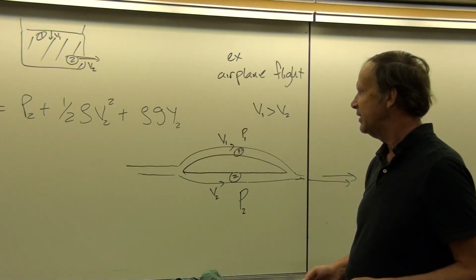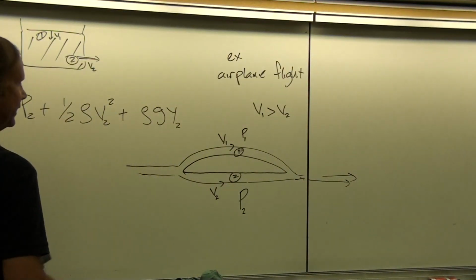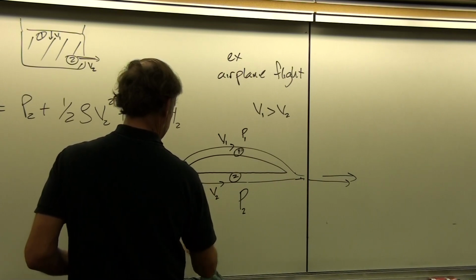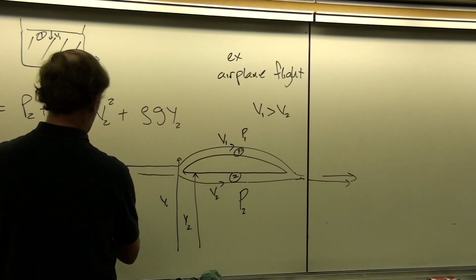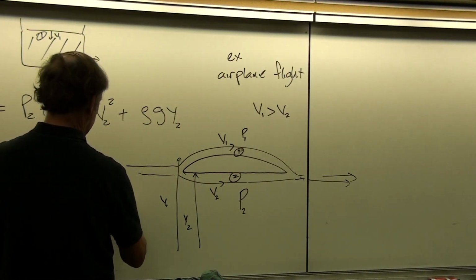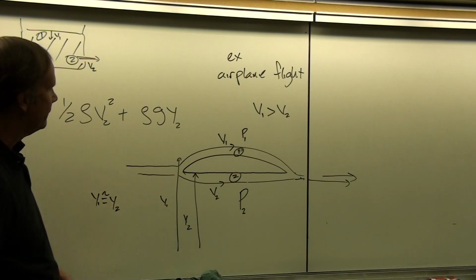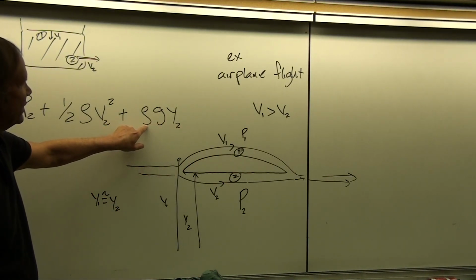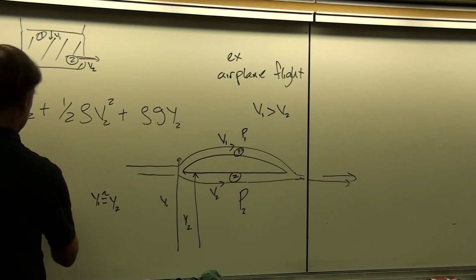Okay? And so then we also have a rho gy term on both sides. But here if we call this Y2 from some convenient reference position and this Y1, we can say that Y1 is approximately equal to Y2. And so the difference between them is small. And also, the rho gy terms are small because the density of air is small. Okay, so Y1 is approximately equal to Y2 and rho is small.